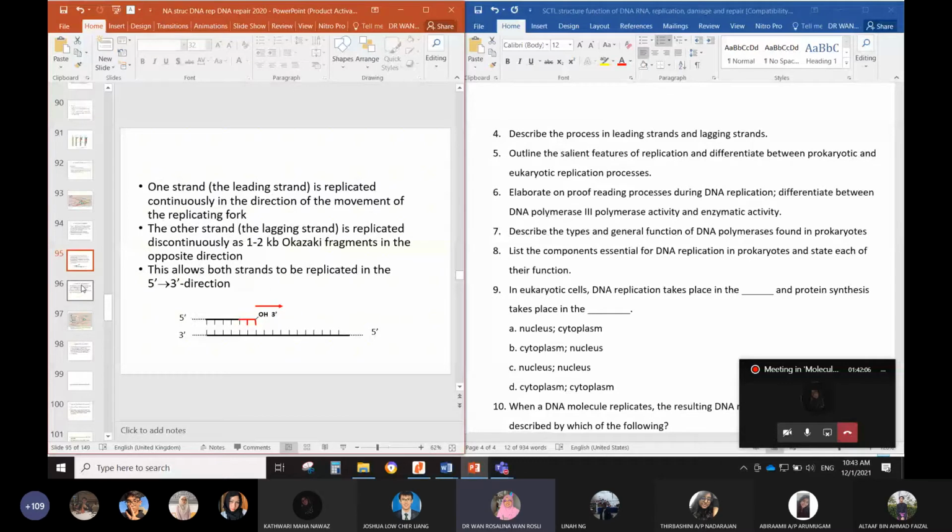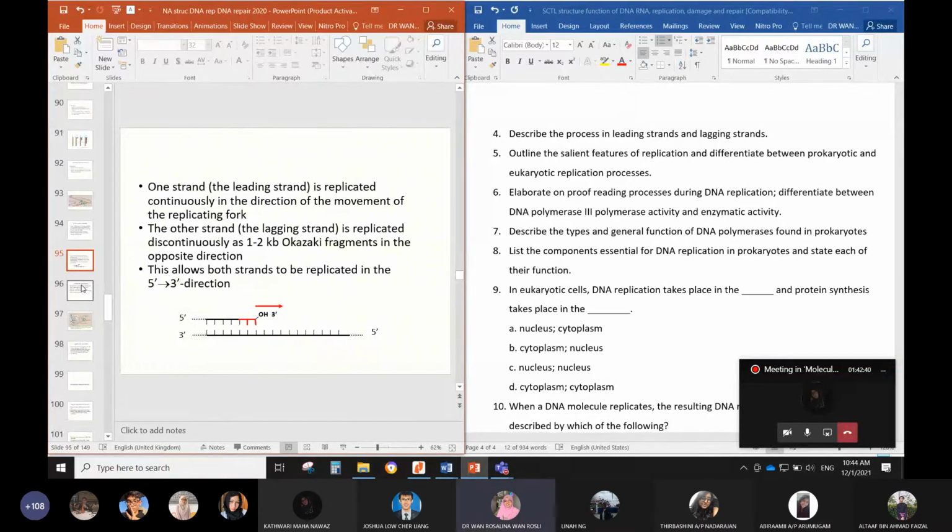But the other strand has to also be replicated at the same time, because you want to close up that section. You cannot finish one strand and then wait for the other strand to finish. So the design of this is that it synthesizes the opposite strand, the lagging strand, in fragments.